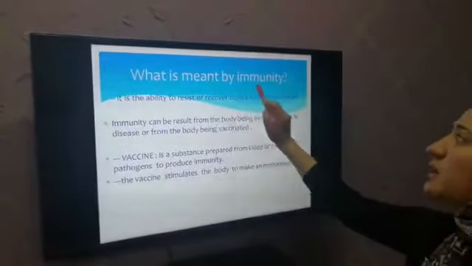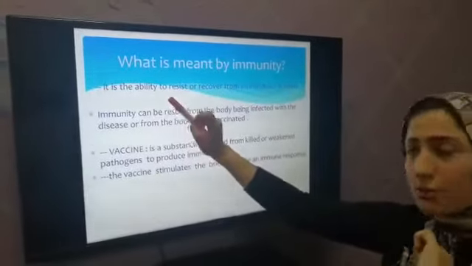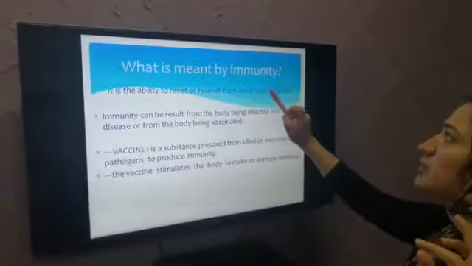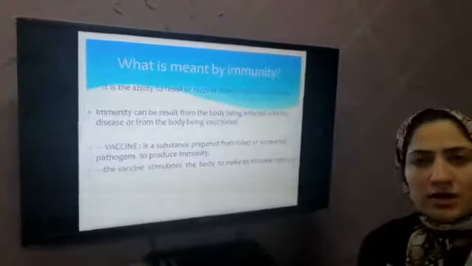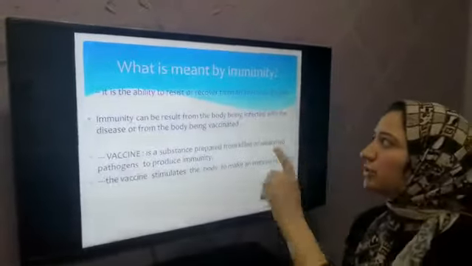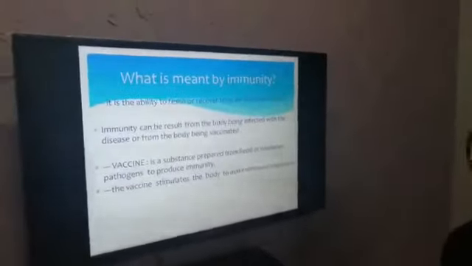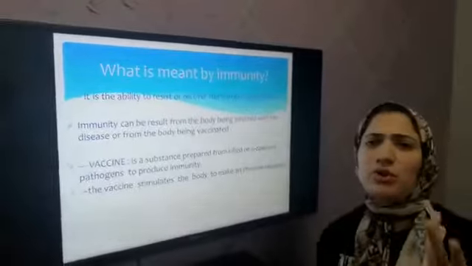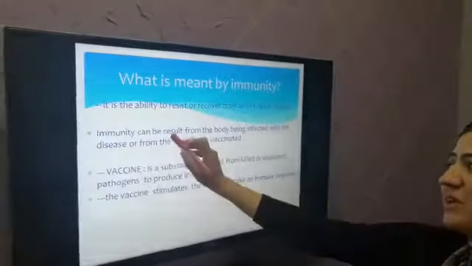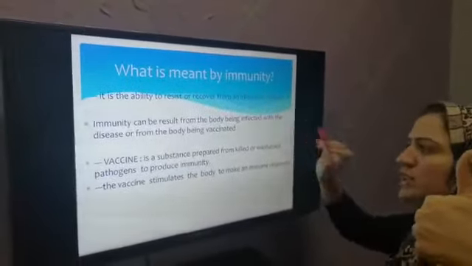So what's meant by immunity? Immunity is the ability of our body to resist, to recover from any infectious disease. Okay? Immunity comes from what? Immunity can result from, number one, being infected with the disease.